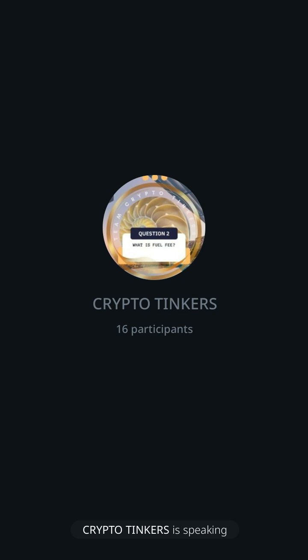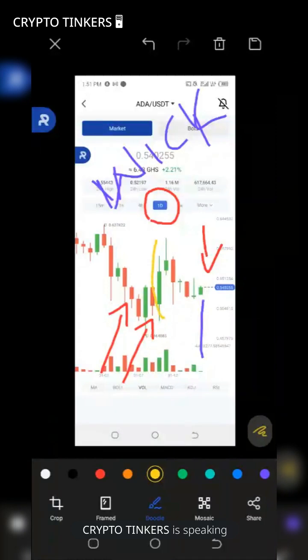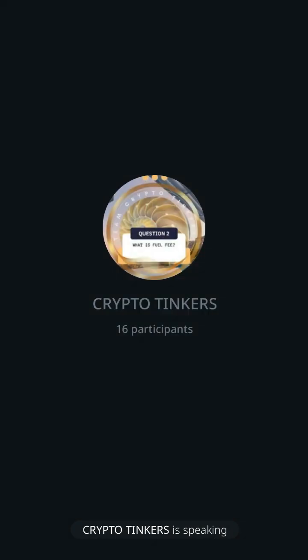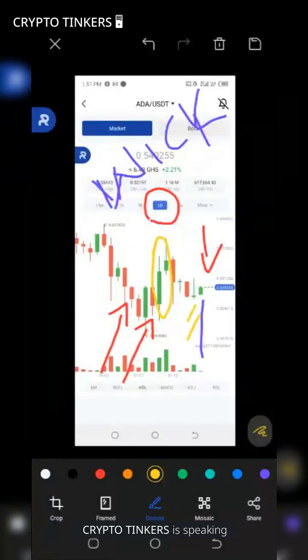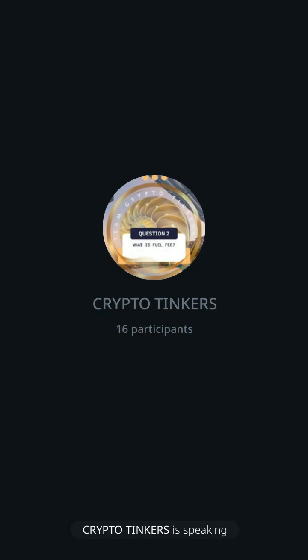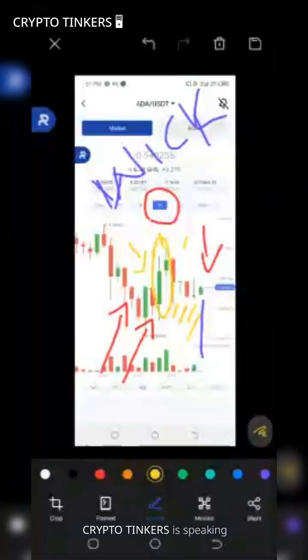So the previous candle, you see this one? See this big green candle. This is day 1, day 2, day 3, day 4, day 5, day 6, so day 7. You see this green candle over here.